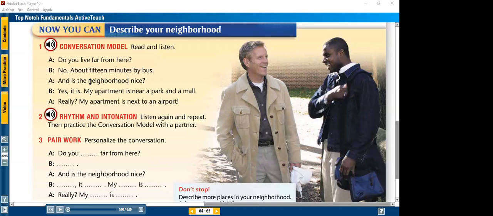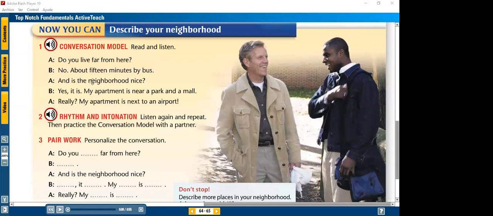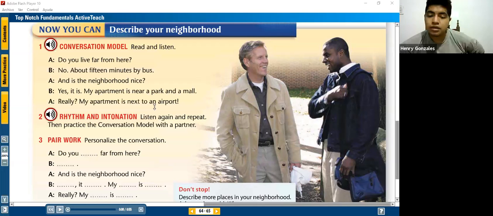Yes, about 14 minutes by train. And is the neighborhood nice? Yes, it is. My apartment is near a museum and a stadium. Really? My apartment is next to a pharmacy.